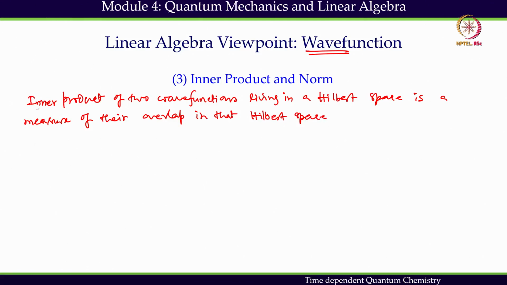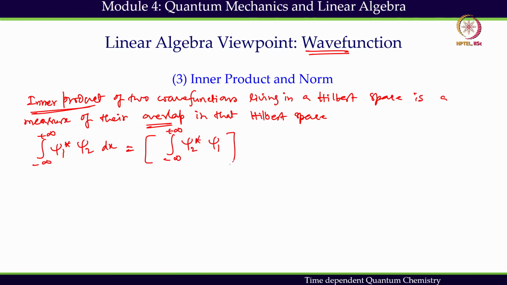So, inner product is nothing but the overlap of the wave functions, which is given by the integration from minus infinity to plus infinity, psi 1 star psi 2 dx, and if I take the complex conjugate of this, then it will change the order as psi 2 star psi 1.